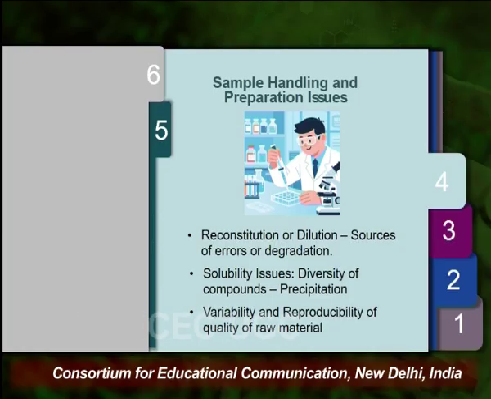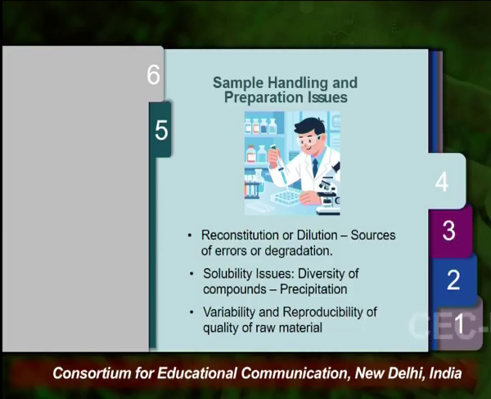Then, since the extracts which we are going to use in the HTS process require a lot of preparation steps, we have to either dilute the extract or reconstitute the dried extract in a suitable solvent. Such steps also lead to error, and not only error, but sometimes they also degrade the constituents present in the extract.